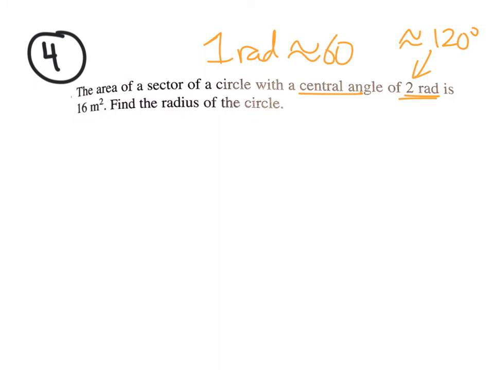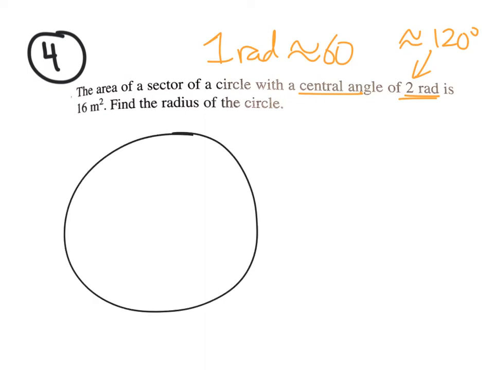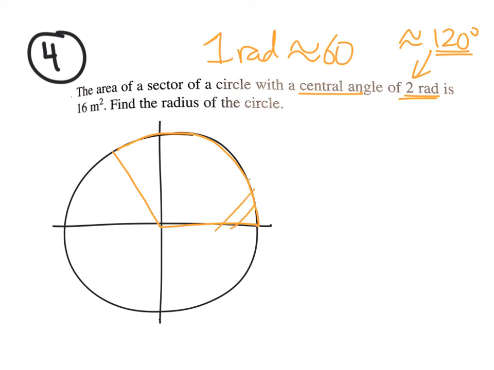So we're going to draw a picture like this. And just to help me visualize, I'm going, all right, about 120 degrees. So something like that. Yum. Nice, big, healthy piece of pizza. And what do we know?